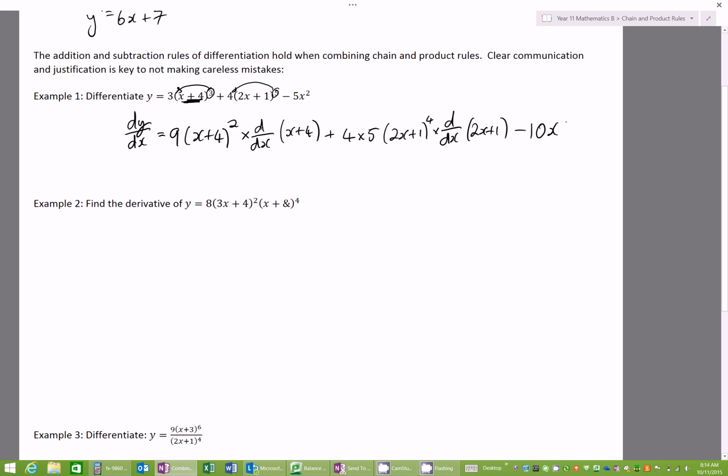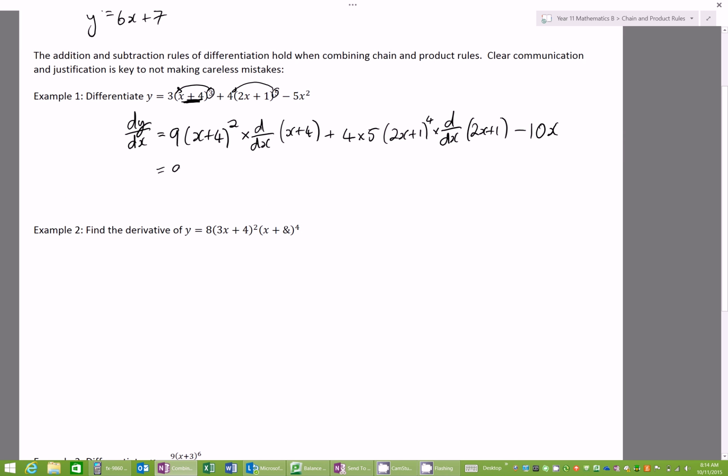From here, I need to actually differentiate the things inside the brackets. So write this as is. The derivative of x plus 4 is 1, so we multiply by 1. So I've done this whole section. I'll move on to this next part. So this is 20 times 2x plus 1 to the power 4 times the derivative of this thing, which is 2.